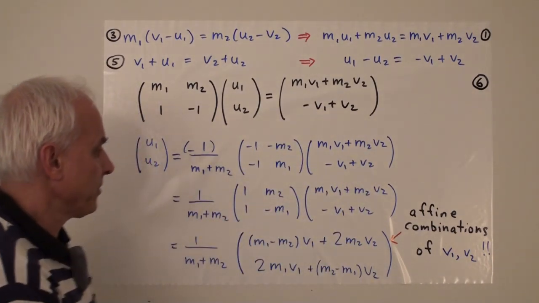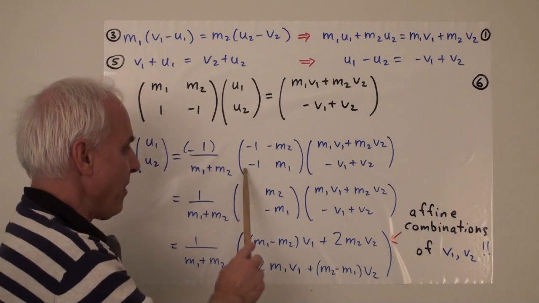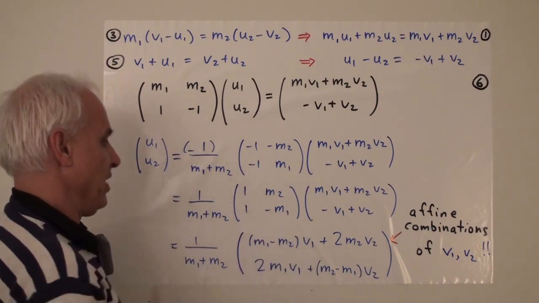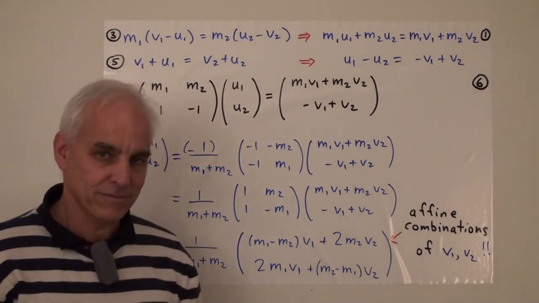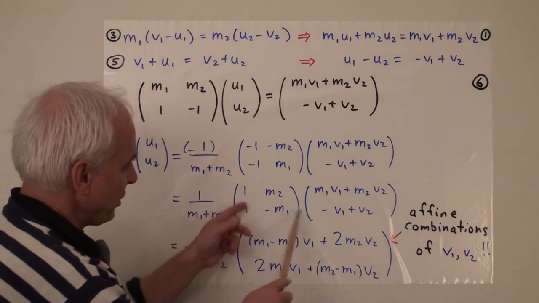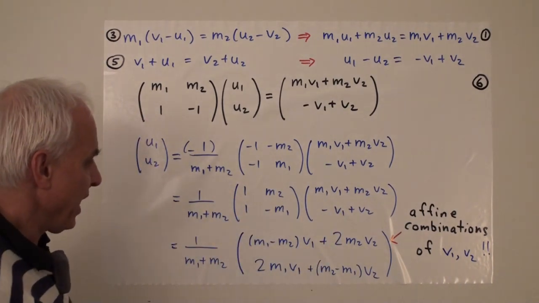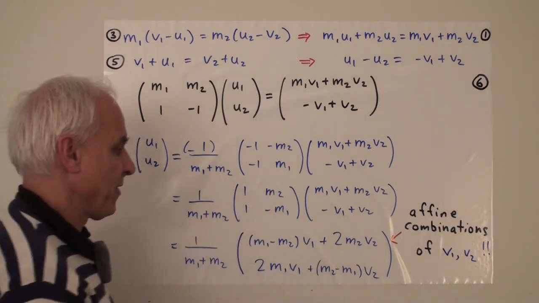This whole thing is the inverse of that matrix, which we're now going to multiply by this column vector. So to make it a little bit easier, let's just take that minus 1 and multiply it by this matrix. So we have a little bit nicer matrix there. And just 1 over m1 plus m2 there. Okay, so now when we do the matrix times vector, what we're going to get is 1 times this plus m2 times this.